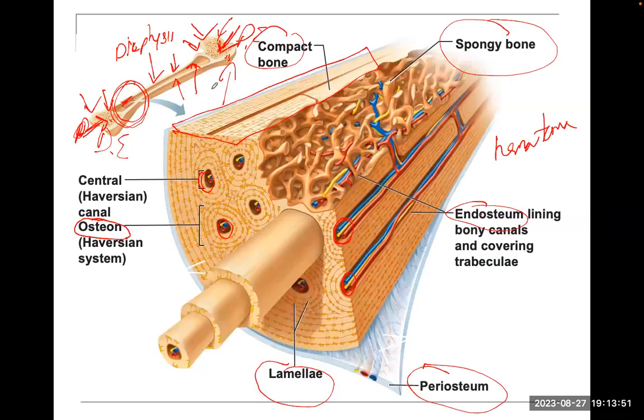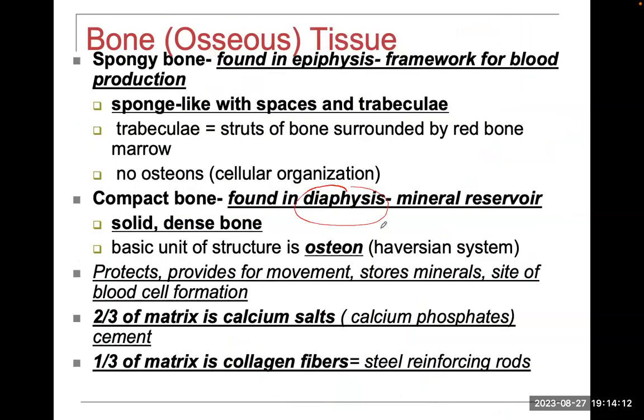And again, remember, the diaphysis is here. It's the shaft of the bone, and it's the outer portion here and the outer portion here that is compact. When I say inner portion, I don't mean the inside where the medullary cavity is.